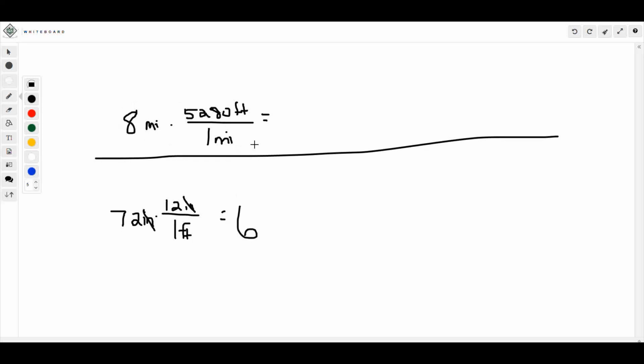Now over here, what this is showing us to do is we're going to mark out what's the same, because they cancel each other out. Okay, and then you're going to be left with 8 times 5,280, which is going to equal 42,240 feet.